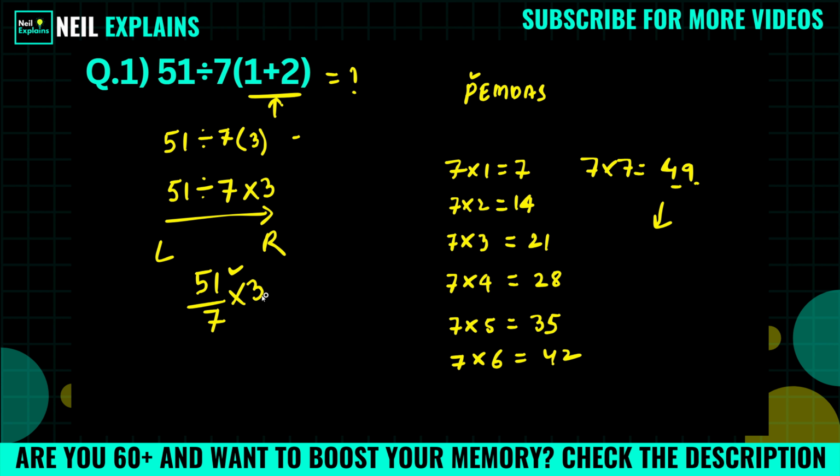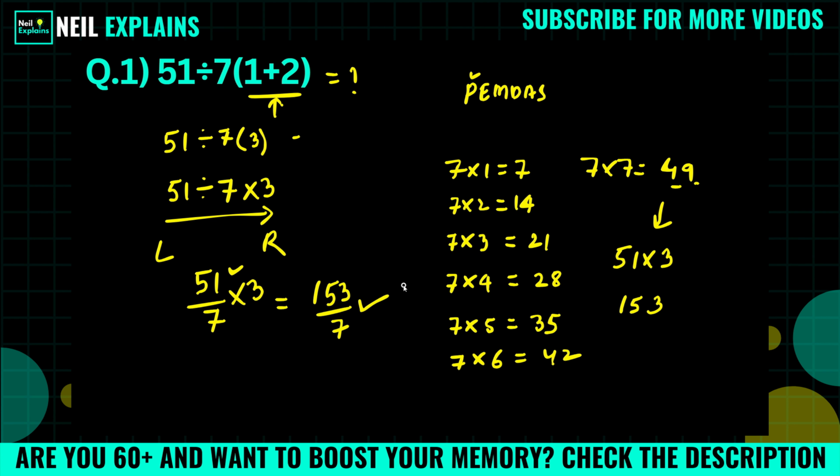Okay, so if we go to fraction mode, we will multiply 51 into 3. 3 times 1 is 3, 5 into 3 is 15, so 153. So the answer is 153 divided by 7.